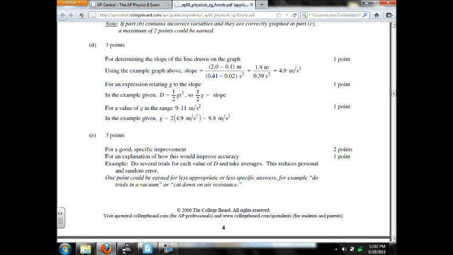This is an example of what you could do. Do several trials for each value of d and take averages. I know when you turned in your lab, that's what a lot of you said to do. Reduces the random error. That's one example of how it could be. It needs to be a specific improvement, explaining why or how it would improve the answer.